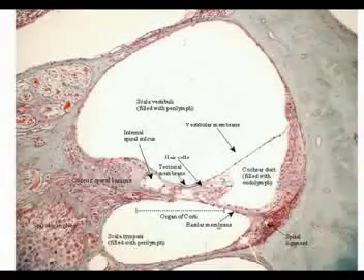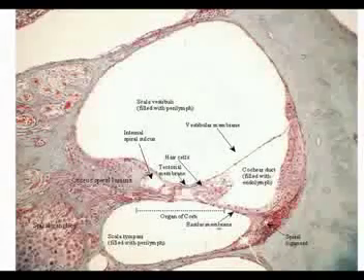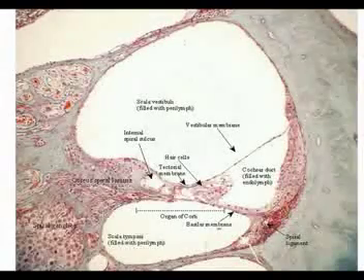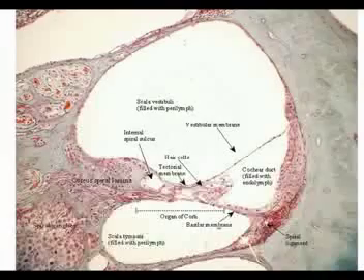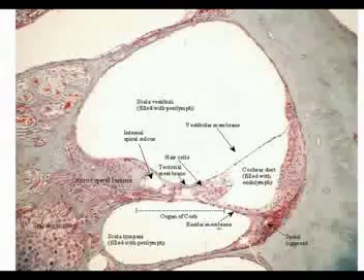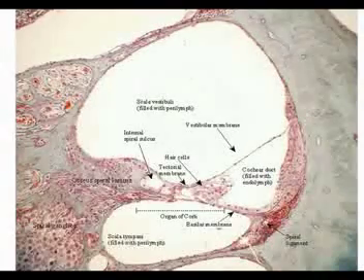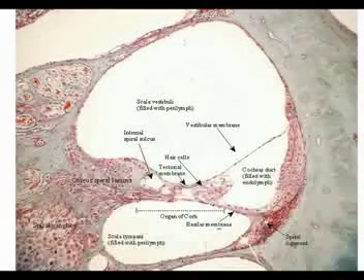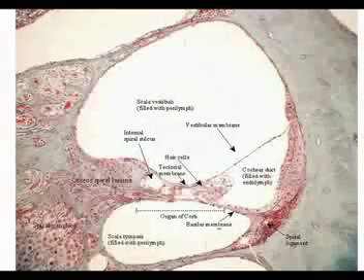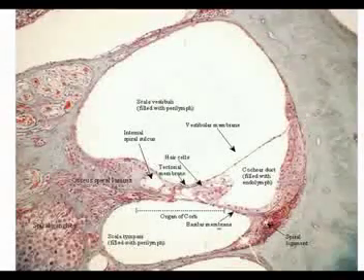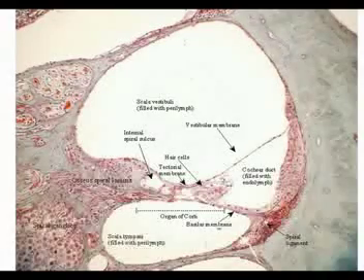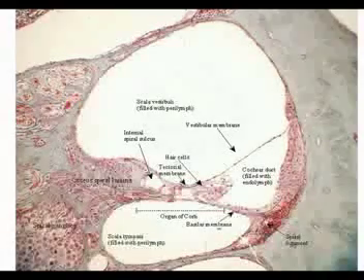So here's a slide. This is very typical of what you're going to see in class when we look at the slides of the cochlea. You can see the cochlear duct with the tectorial membrane. In this case, the tectorial membrane is actually attached to the vestibular membrane. In most cases, it won't be. And you can really get a sense of how it's organized, right?